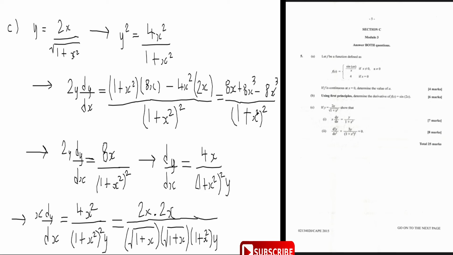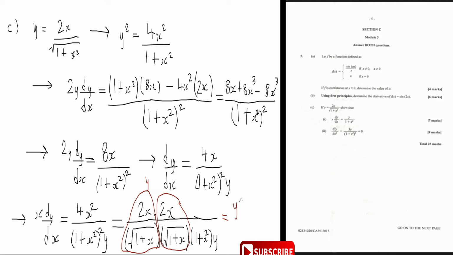Now, what am I saying now? I am saying that this 2x over the square root of 1 plus x squared, this part is y. This is y, and this 2x over the square root of 1 plus x squared is also y. Nice. And so what we're getting is that this answer is working out to be y times y, which is y squared.